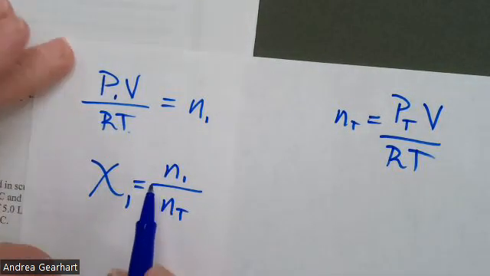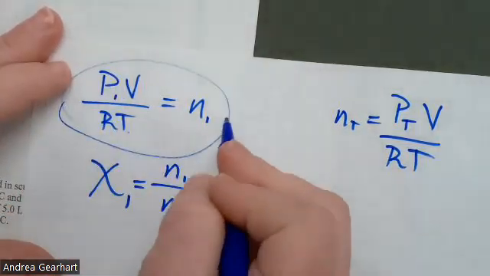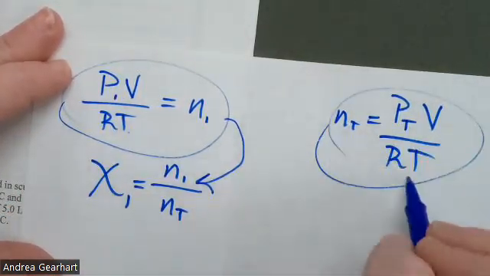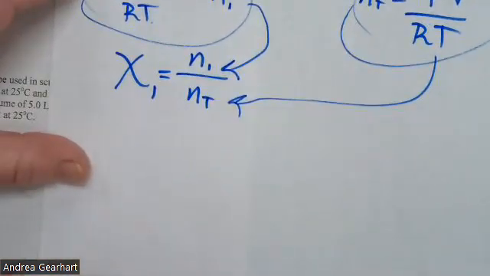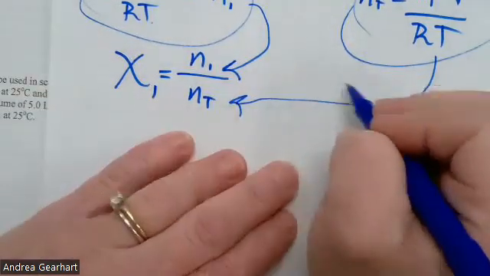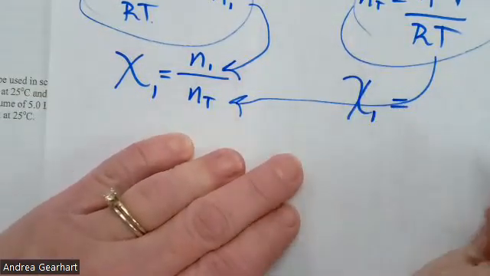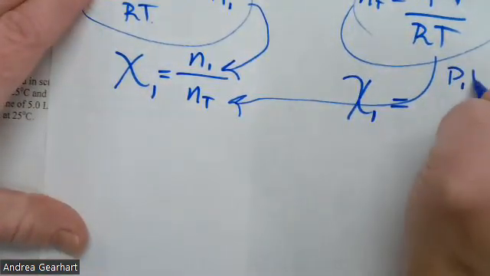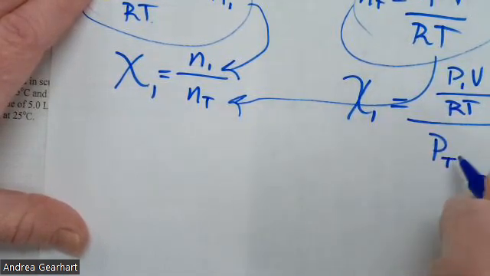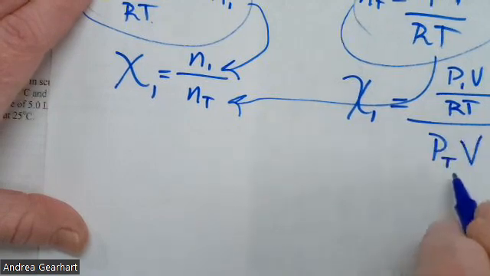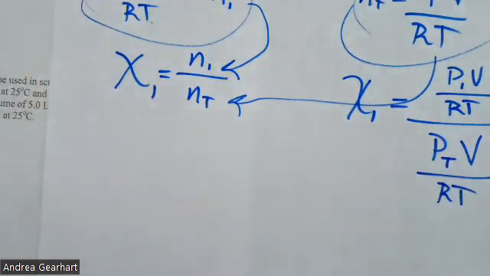So can I plug this in? Absolutely. And so what we get is mole fraction is equal to P1V over RT divided by PT V over RT.